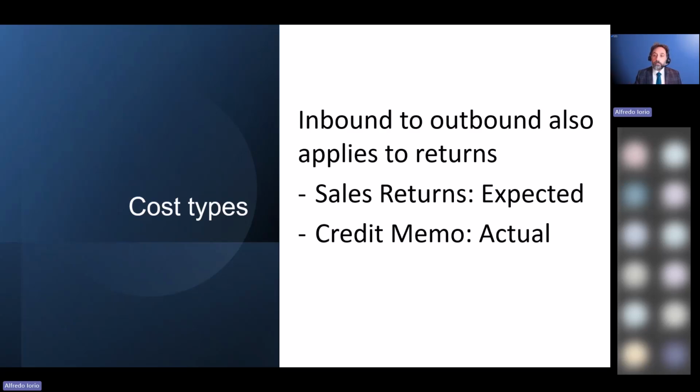And once we post a credit memo for a sales return, we actually realize the actual costs of this inbound when the item returned is shipped, sent back to another customer, sold to another customer, sent back to the supplier, or destroyed because maybe it was faulty. We have an outbound, and so inbound to outbound applies to everything.